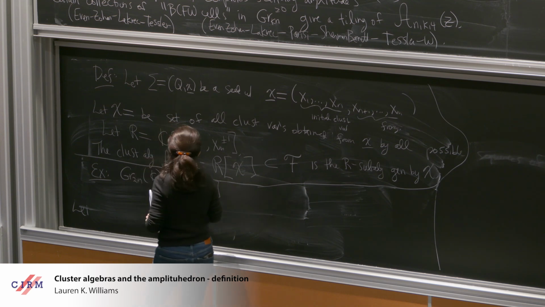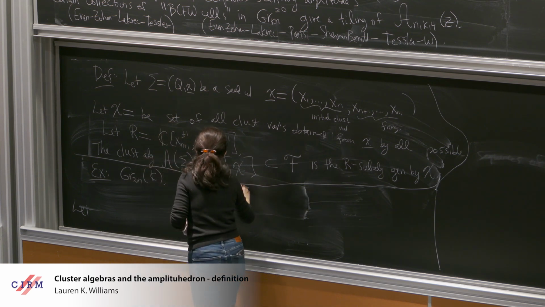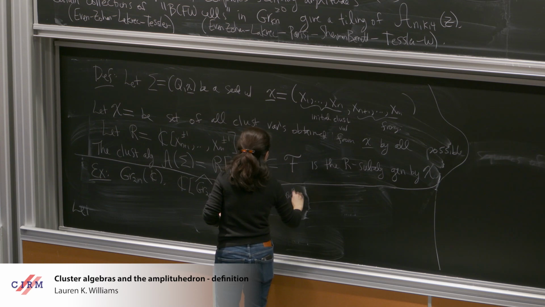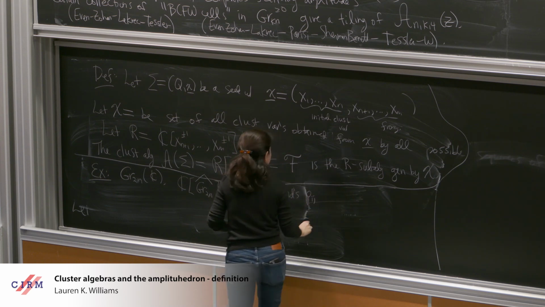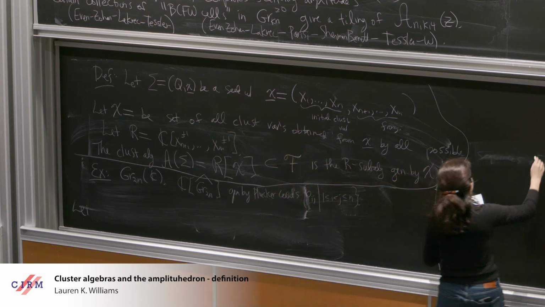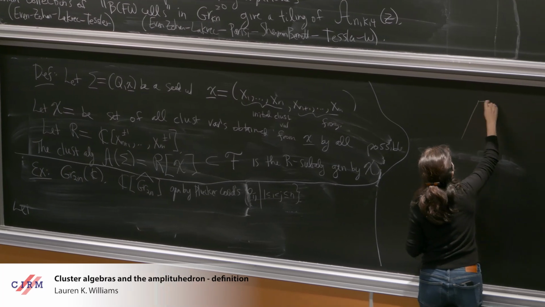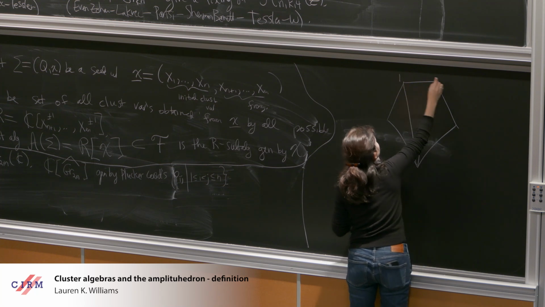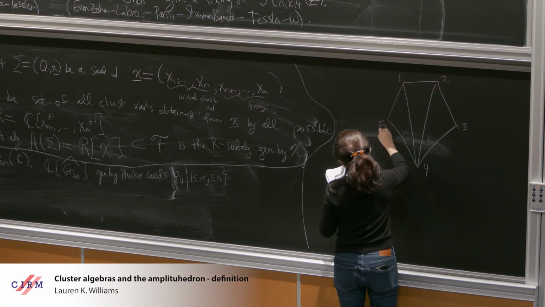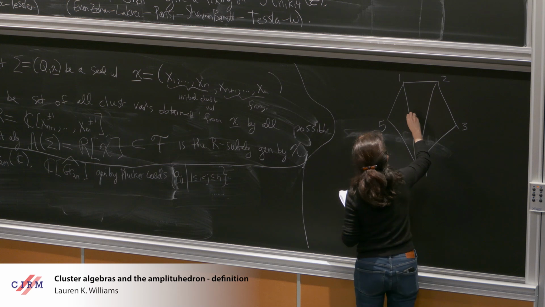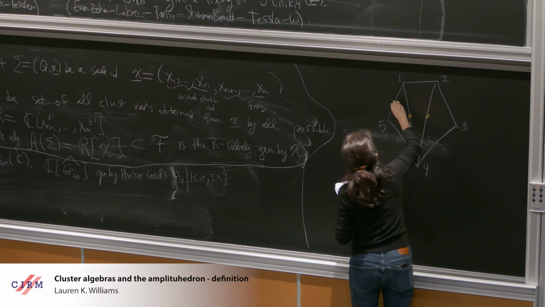So this is the homogeneous coordinate ring, and this is generated by the Plücker coordinates P sub ij, where i is less than j. And so we can get an initial seed for this cluster algebra by taking a triangulation of the n-gon, and then what I do to get a quiver is I put a mutable node on every diagonal.